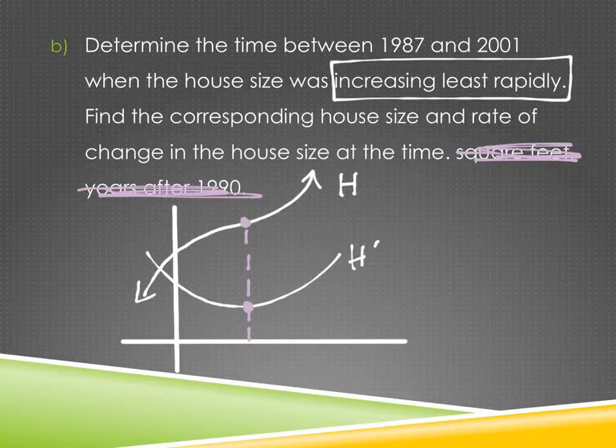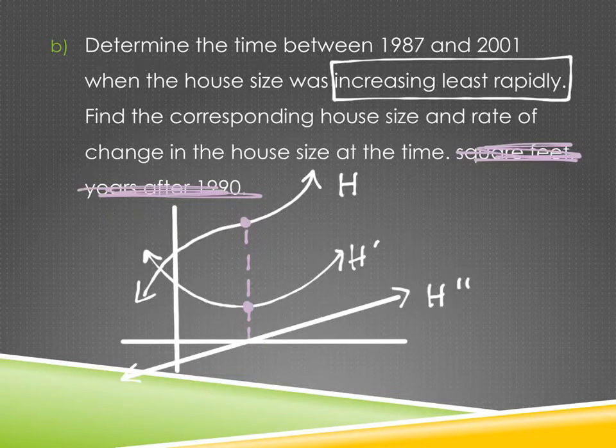At the inflection point from the original graph. So again, back on our paper, when we're drawing this, we're going to draw it to represent that fact. Something like that. And that's h double prime, the second derivative.